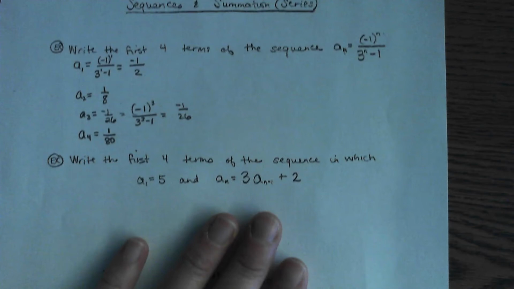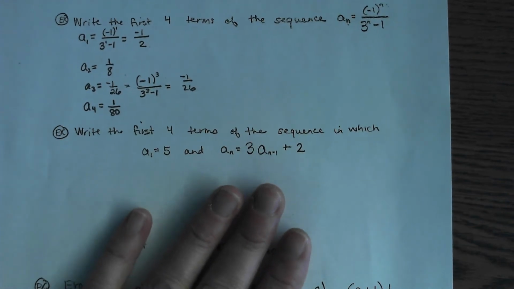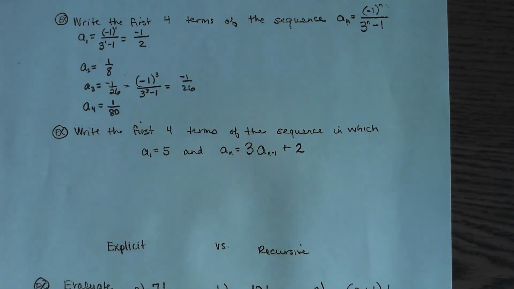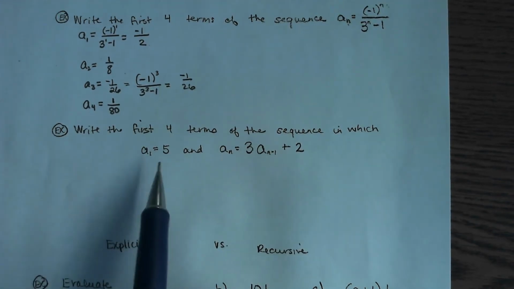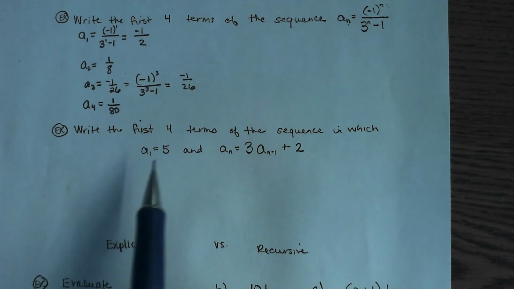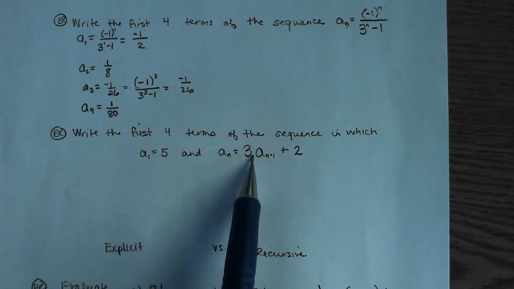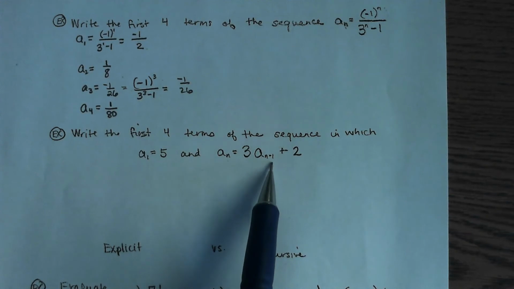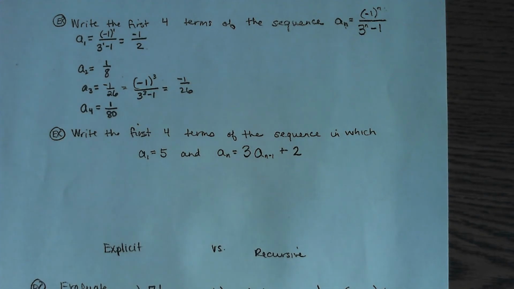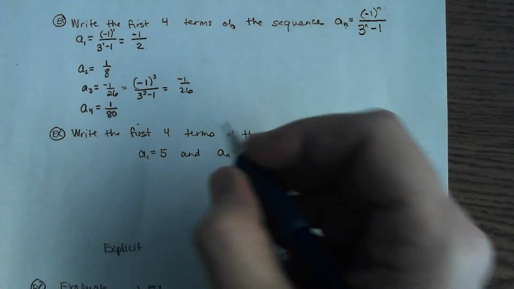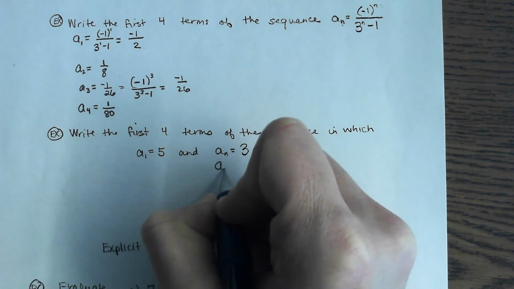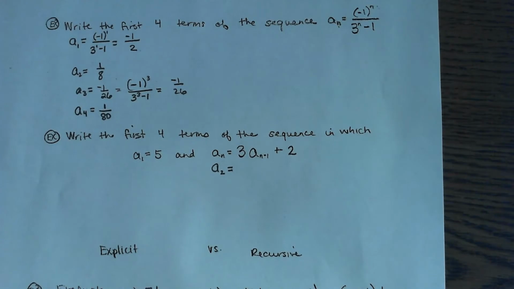Here's another notational review. Write the first four terms of this sequence where A sub 1 is 5. So they're telling you your first term is 5. And then they're telling you to get your nth term, you do 3 times A sub n minus 1 plus 2. So if we were looking for A sub 2, we would be plugging in an n of 2.